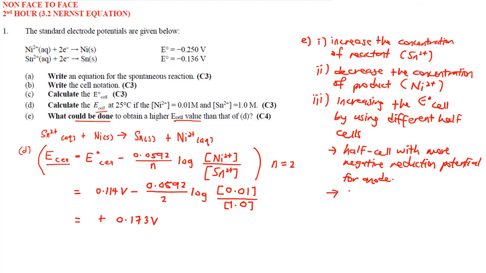Or for the cathode we can choose a half cell with a more positive E naught value. With more positive reduction potential for the cathode.